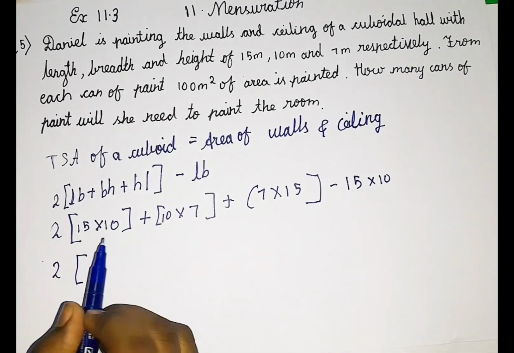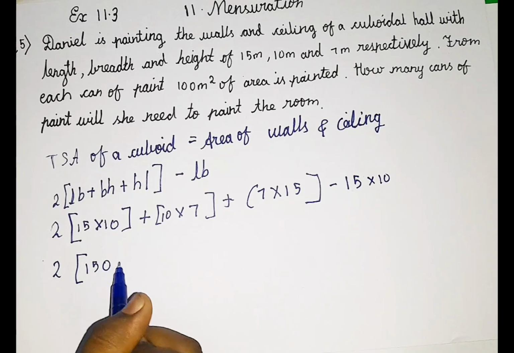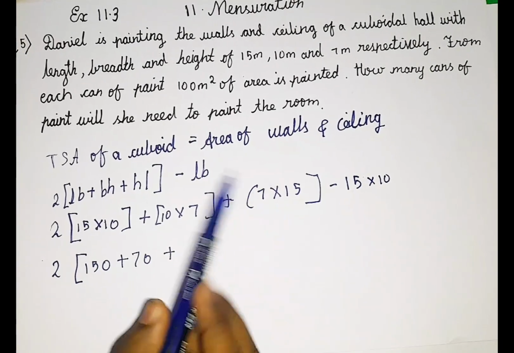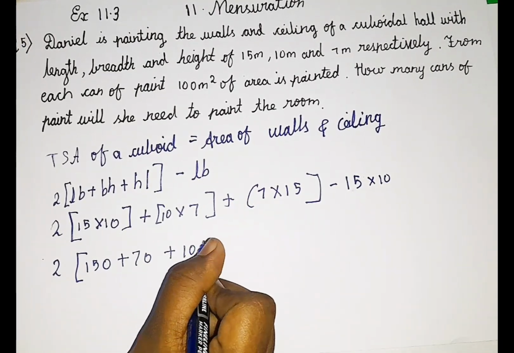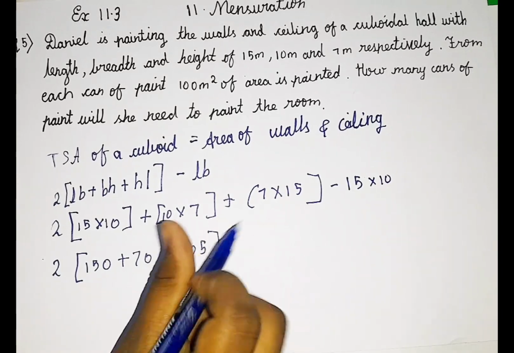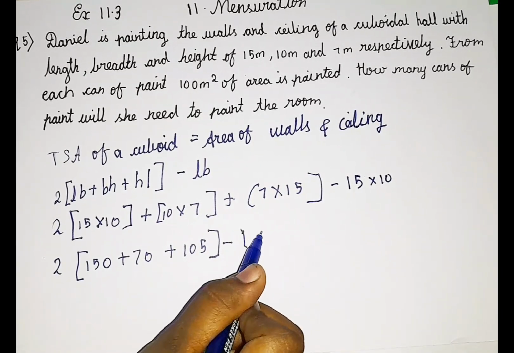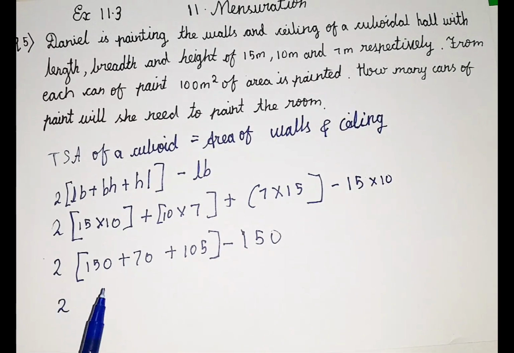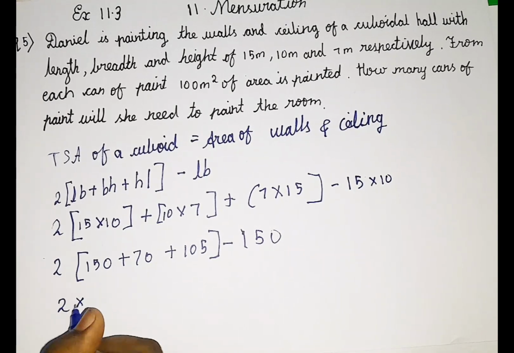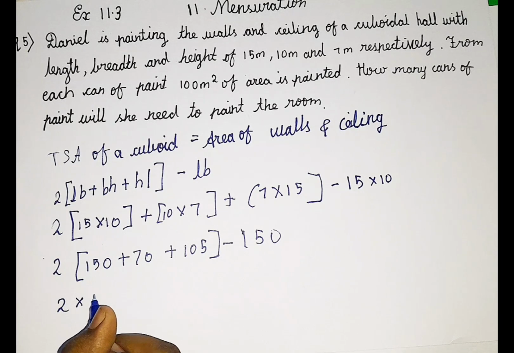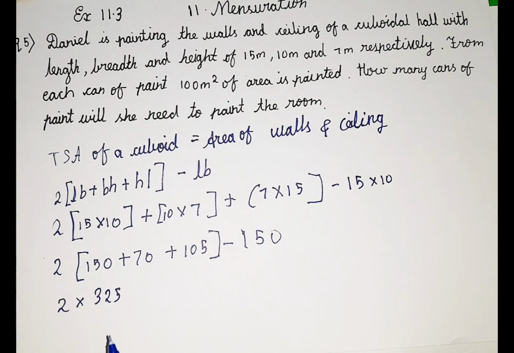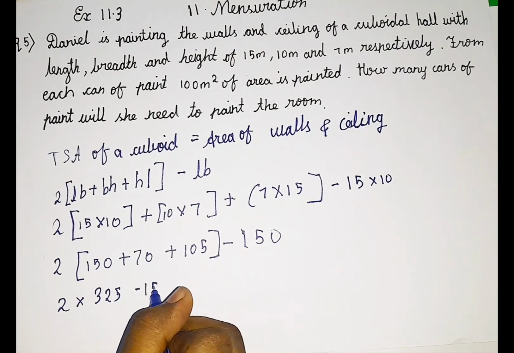So now 15 into 10 is 150 plus 10 into 7 is 70 plus 15 into 7 is 105. So minus 15 into 10 is 150. Am I right? So now we shall add all these up. So 150 plus 70 plus 105 is 325, and the minus 150 as it is.